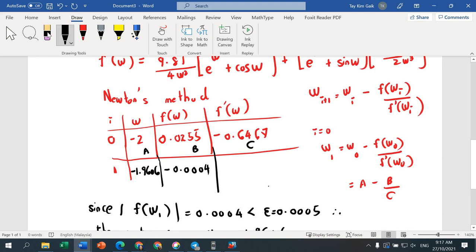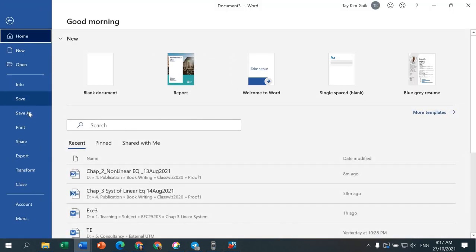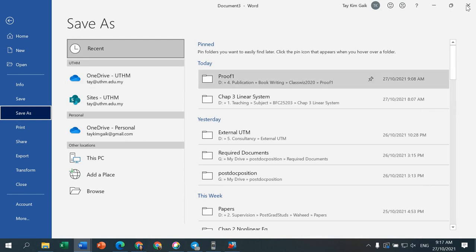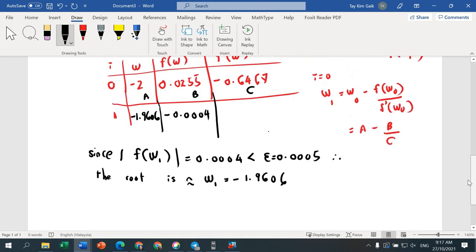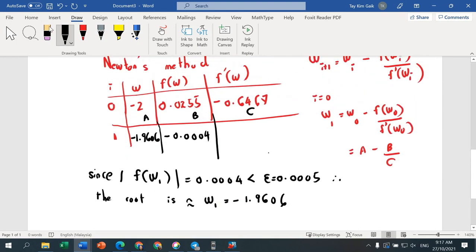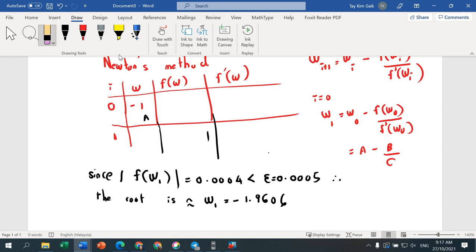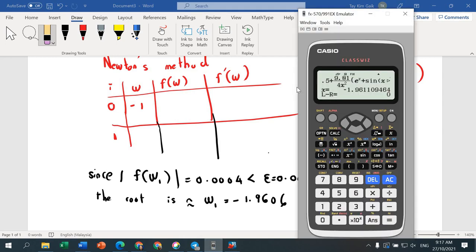Let me change it. I just delete here. If I change this one to negative 1, okay, if you use Excel, you just change negative 2 to negative 1, and the rest of the calculation will follow.